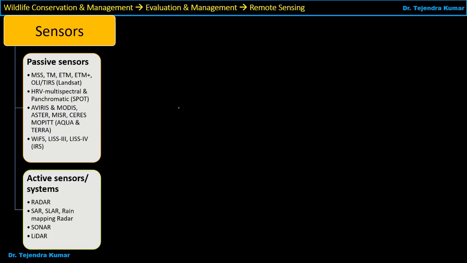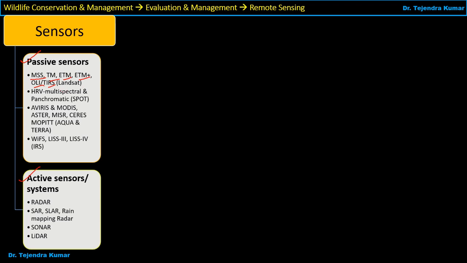As I told you, there are two types of sensors: passive sensors and active sensors or active systems. Passive sensors include MSS, multispectral scanner, TM, thematic mapper, ETM, enhanced thematic mapper, ETM plus, OLI, TIRS, and many more.